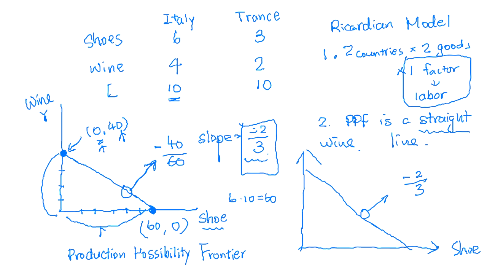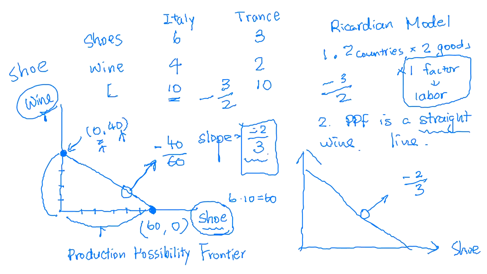If you put wine on the x-axis and shoes on the y-axis, what happens? The PPF slope will be negative 3/2 instead of negative 2/3. And in France, this number will still hold. So the opportunity cost of producing one bottle of wine in Italy is 1.5 pairs of shoes.